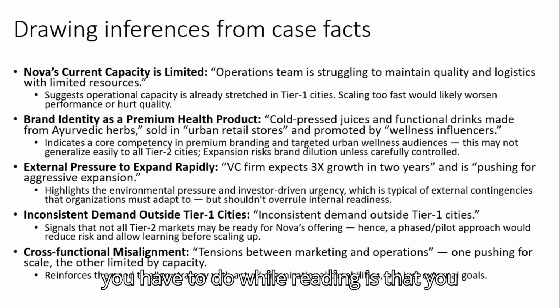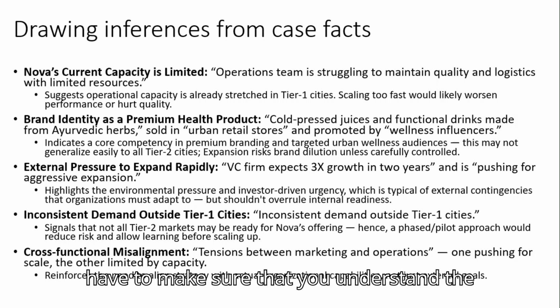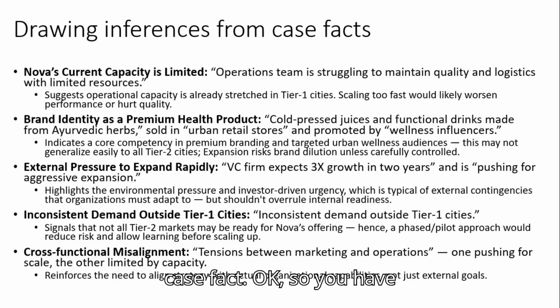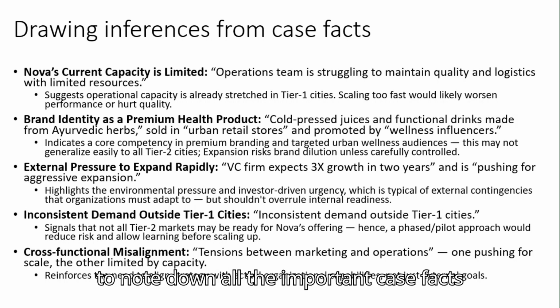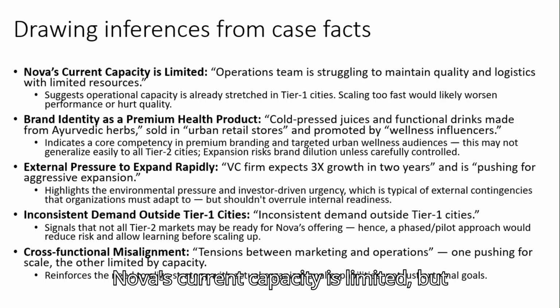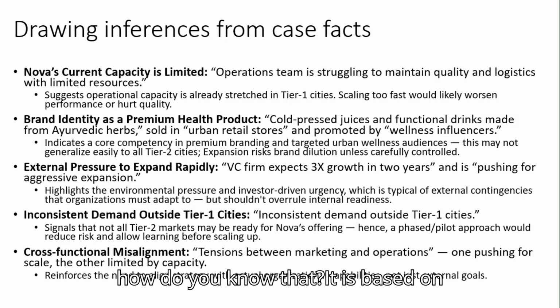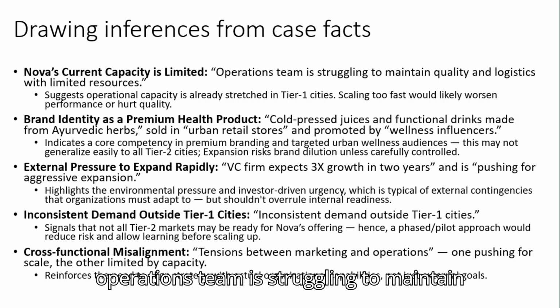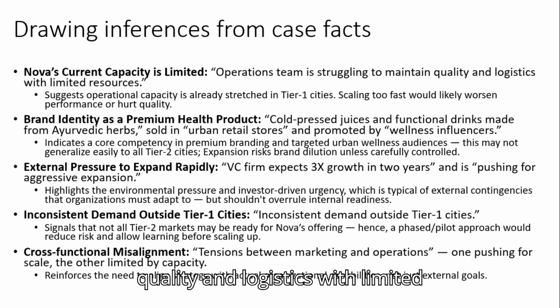Now, what you have to do while reading is make sure that you understand the case facts. You have to note down all the important case facts in the margin and also your inferences from those case facts. For example, Nova's current capacity is limited, but how do you know that? It is based on the operations team struggling to maintain quality and logistics with limited resources.